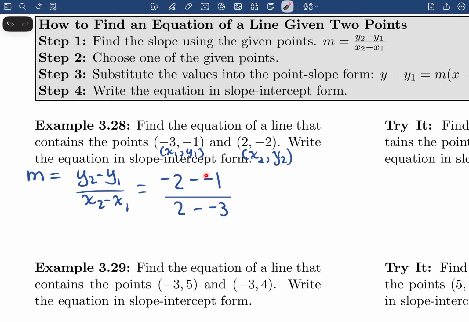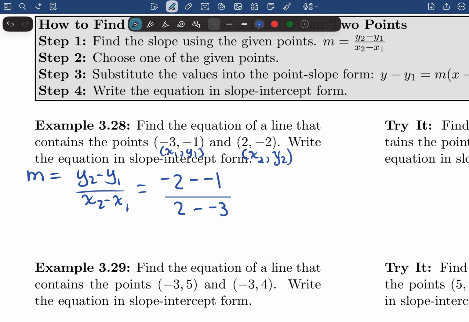And so we got a double negative that will turn into a plus. And once again on the bottom, that also happened in this case. So I'll turn both of those into big plus signs. And now I have negative 2 plus 1, which is negative 1, divided by 2 plus 3, which is 5. I have now found my slope. I'm going to pull that negative out front. Okay, so my slope is negative 1/5.